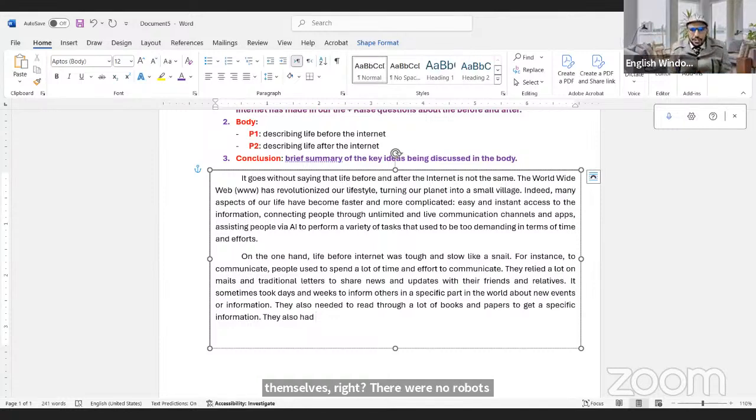So they also had to perform a lot of hard tasks by themselves, employing a huge number of workers.